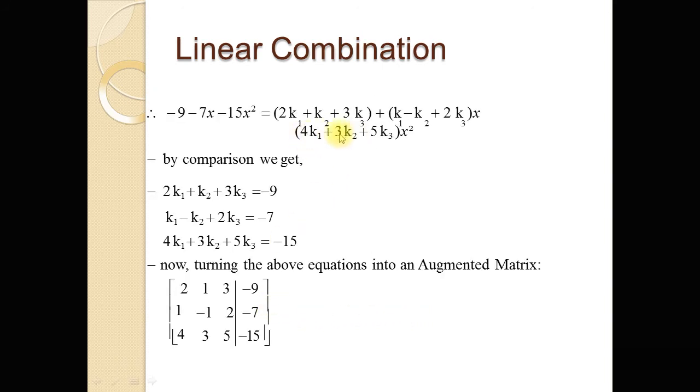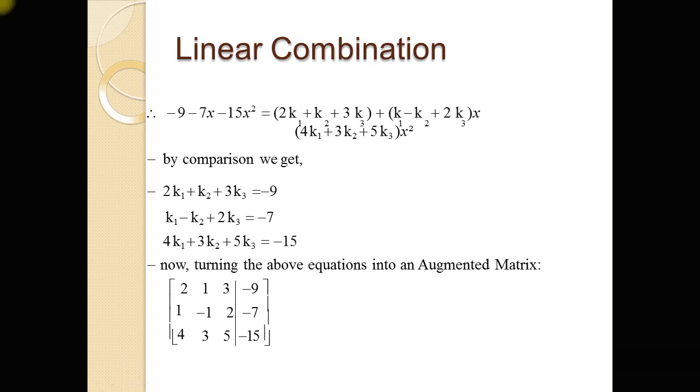And you see over here, these are the constant terms, these are the coefficients of x, and these are the coefficients of x square. So by comparing, we obtain 2K1 plus K2 plus 3K3 is equal to minus 9, and K1 minus K2 plus 2K3 is equal to minus 7, and 4K1 plus 3K2 plus 5K3 is equal to minus 15.